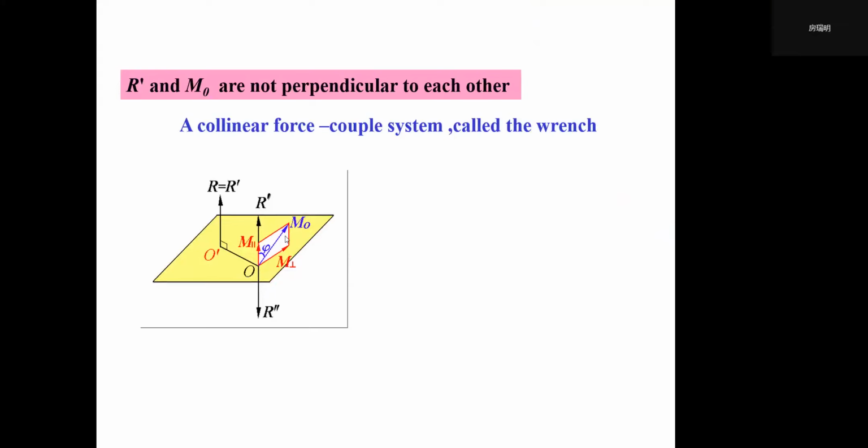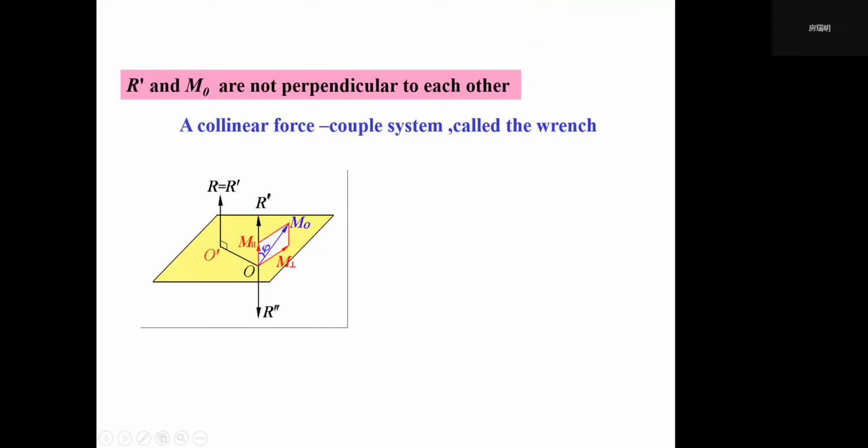So you guys can see at this time we just need to do a decomposition. We can have two components of MO. The first one is M parallel, which is parallel to this R prime. The other is M perpendicular, which is on the plane perpendicular to R prime.